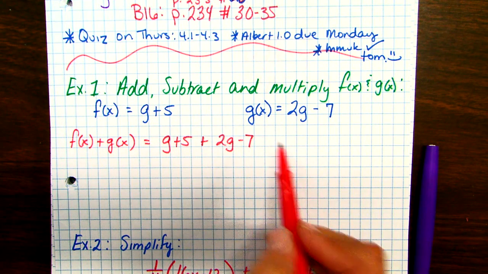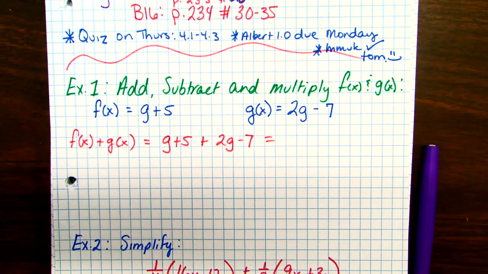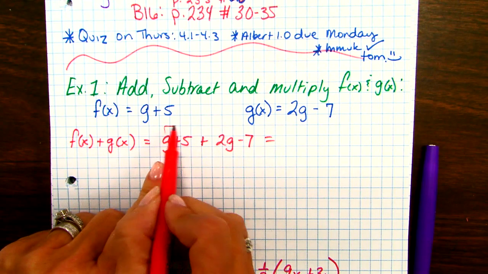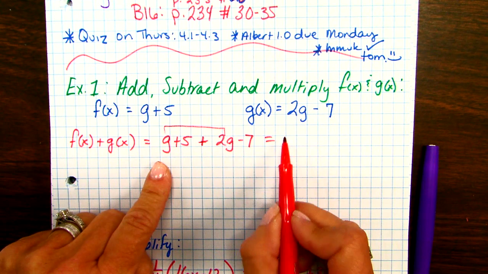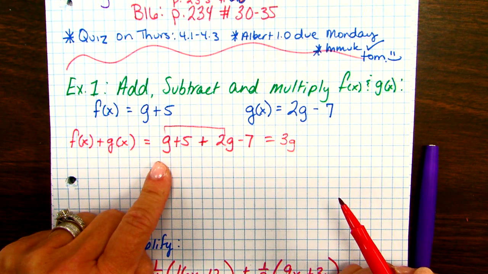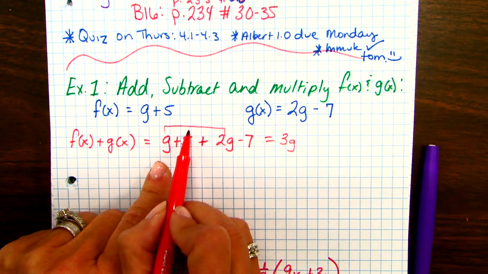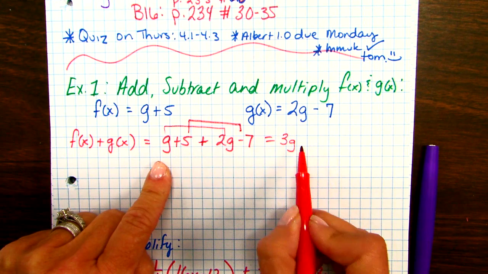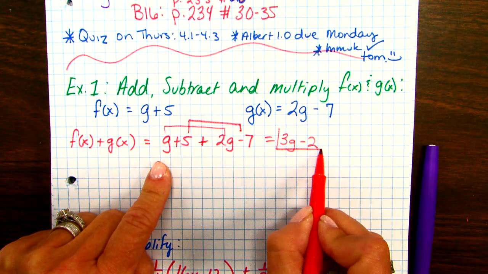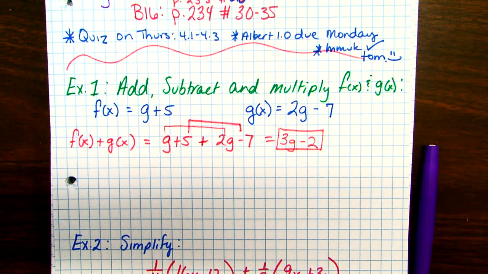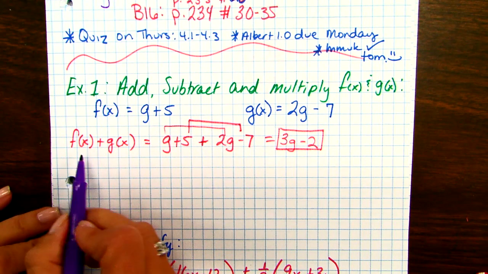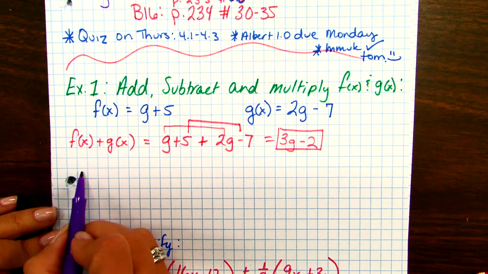You are literally just combining like terms. So 1g plus 2g is 3g, and then 5 minus 7 is negative 2. That's it, right? No one really ever gets the addition ones wrong.